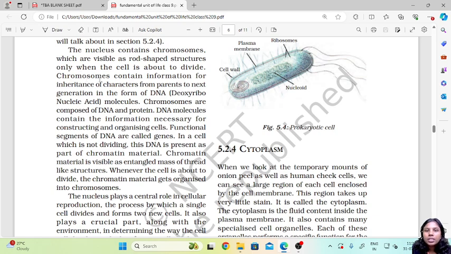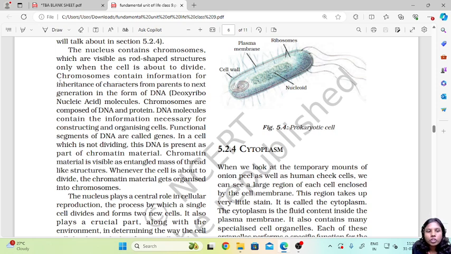These chromosomes contain information, mostly the information of inheritance of characters. These chromosomes decide whether you will have curly hair or straight hair, whether you will be short or tall. These kinds of inheritance information of characters are held by the chromosomes.